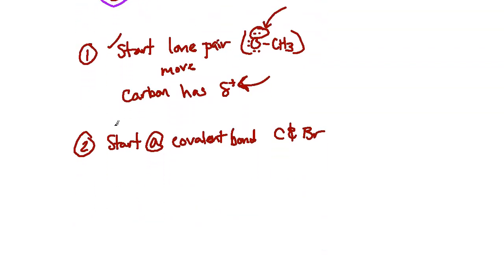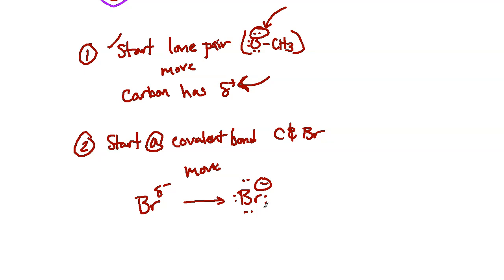It's going to start at the bond, and it's going to move those electrons over to the Br, which is partially negative, in order to create a formal negative charge Br. So then we have a bromine like that. So in both cases, we are starting at a source of electron density, and we are moving it to an area that can accept electrons.